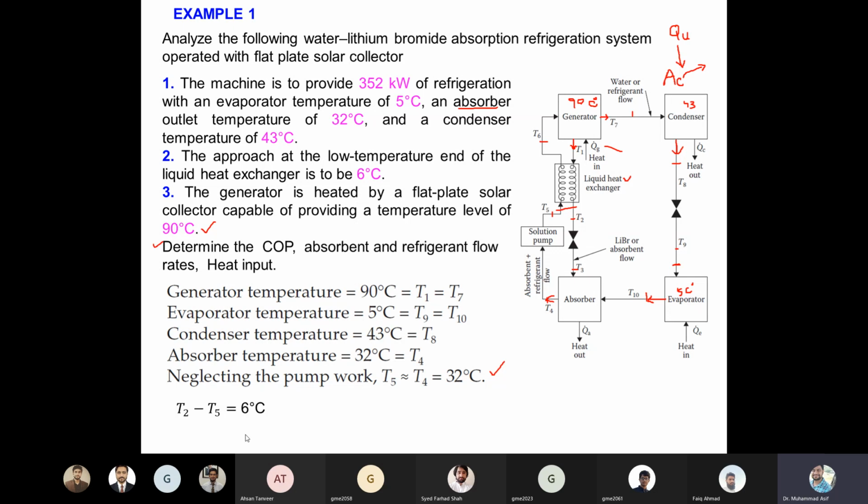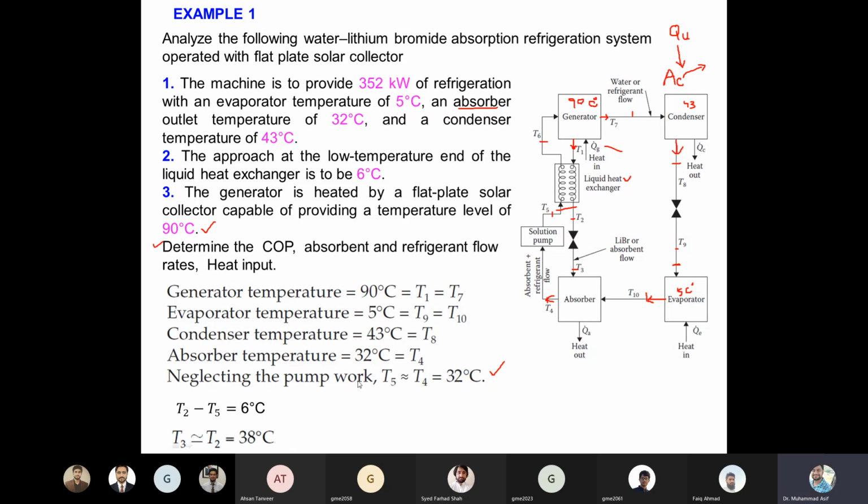So we know that T2 minus T5 is given to be 6 degrees C, and we know T5 is 32 degrees C, right? So we can have T2 as well. T2 will be equal to 38 degrees C. So let's assume that this expansion is so small that T2 is equal to T3.